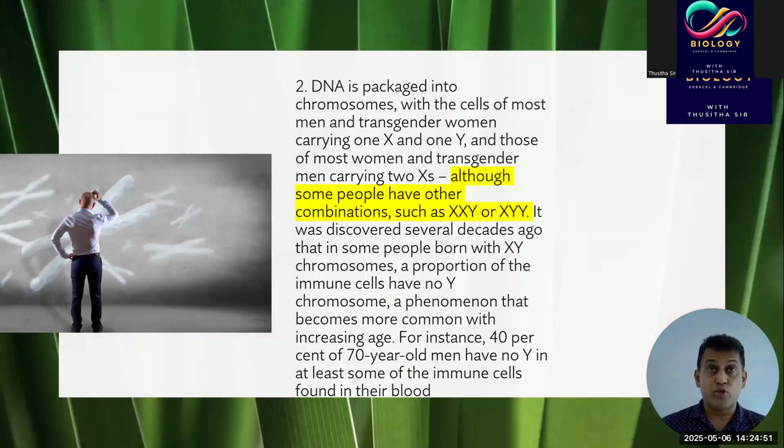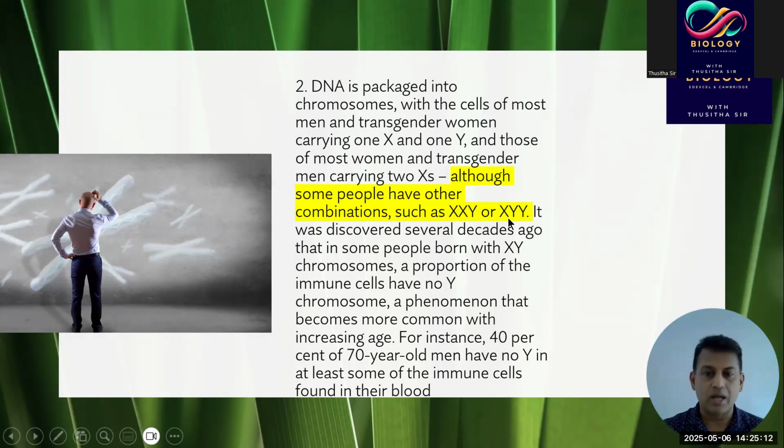Next, paragraph 2: although some people have other combinations such as XXY or XYY. These are the two common conditions. Two X chromosomes and a Y is called Klinefelter syndrome, and one X and two Y is called Jacob syndrome.